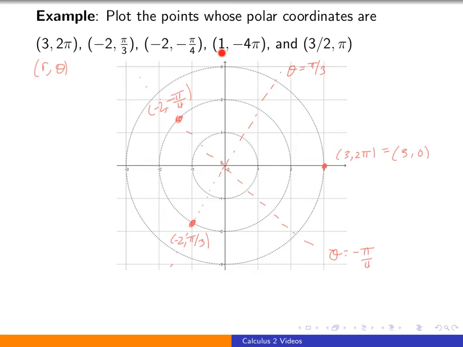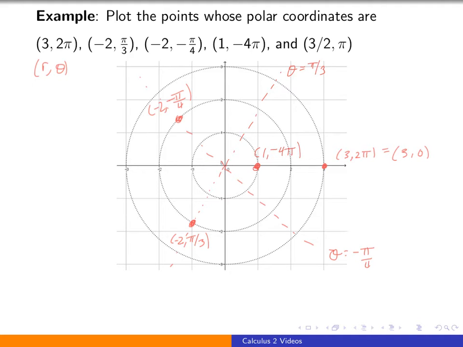Our fourth point, 1 comma minus 4 pi. So minus 4 pi, we start off along this former positive x-axis. Minus 2 pi brings us around one time in that clockwise direction, but minus 4 pi means we go around twice. So we're still on this axis. And the 1 indicates we're 1 unit away from the origin. So 1 comma minus 4 pi.